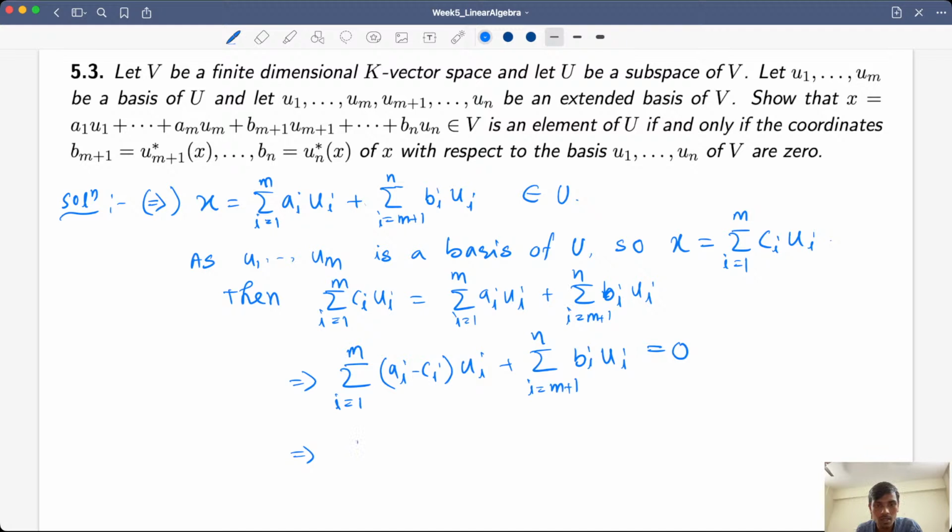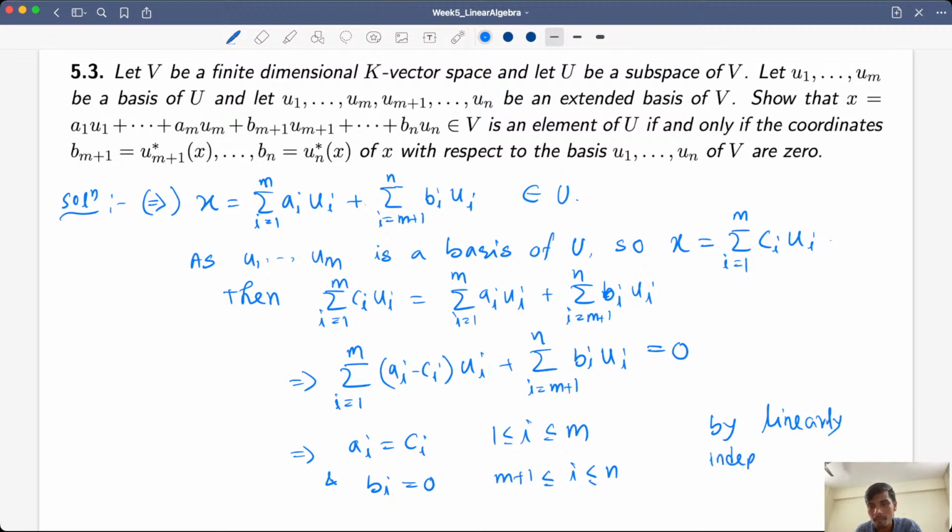That means ai equals ci for 1 less than or equal to i less than or equal to m, and bi equals 0 for m plus 1 less than or equal to i less than or equal to n, by linear independence.